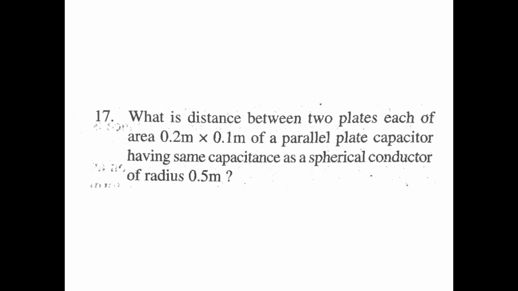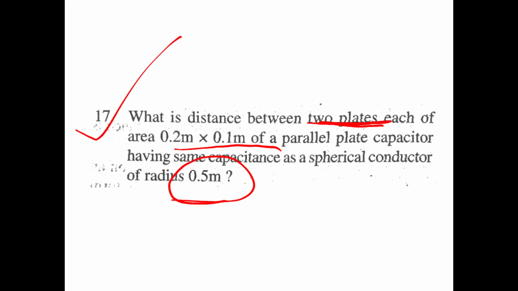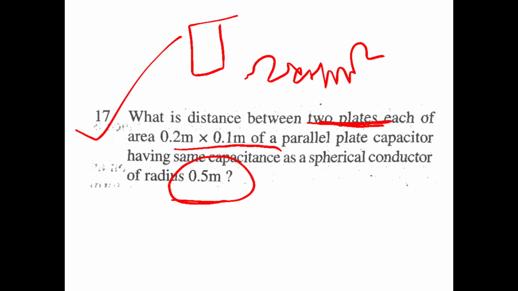Next, what is the distance between two plates, each of area 0.2 into 0.1 meter square, that means 0.02 meter square, of a parallel plate capacitor having the same capacitance as a spherical conductor of a given radius? This will be complicated for you, so listen carefully. First, read the question carefully.